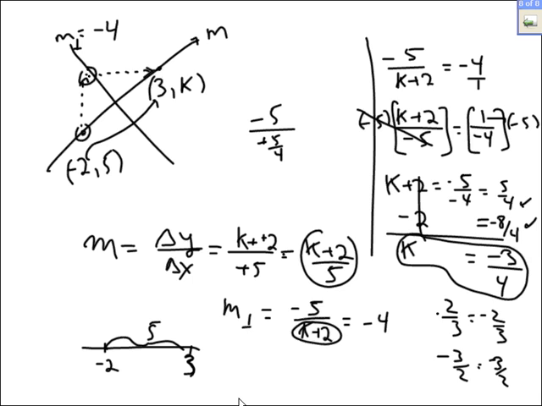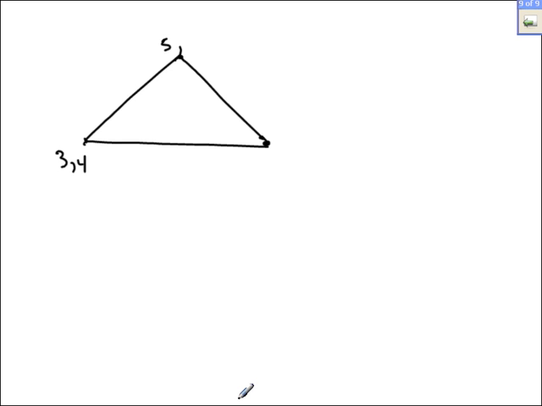Let's do one more silly type problem. I'll give you a triangle, give you the coordinates of the endpoints, and you find the slope of each line. This 3, 4, x goes up, y goes up. x went up more, y went down just a little.